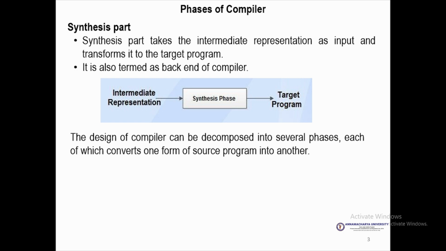It takes the intermediate representation as input and transforms it into the target program. It is also termed as the backend of the compiler. The synthesis phase receives the intermediate representation as input and generates the target program as output.